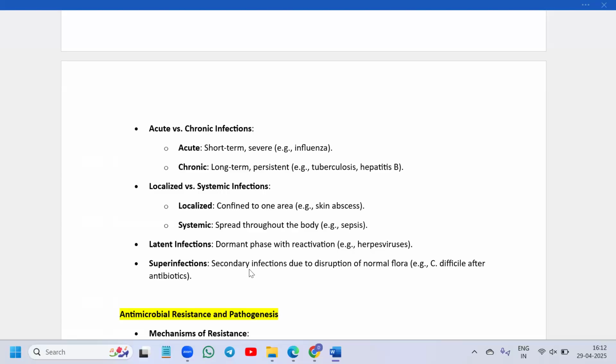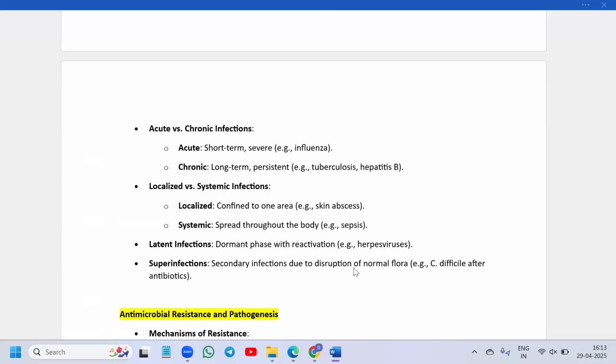Superinfection means a secondary infection due to disruption of normal flora. So, for example, in your intestine, we have normal flora, right? Normal microbes. That's what we had seen already. So, I thought of Clostridium difficile infection in a patient. There was an infection, and he had been treated with antibiotics so that the infection settles, right?